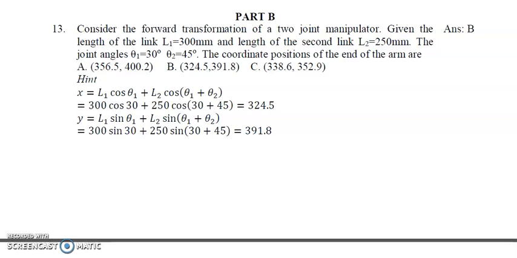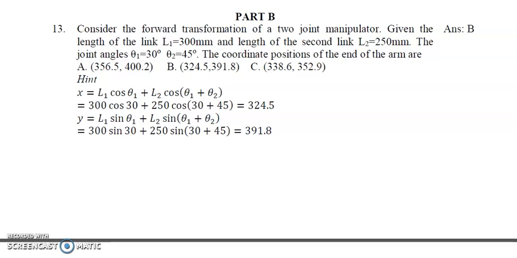The hint is that for a two-joint manipulator, because it's a forward transformation, we know the link parameters and the joint angles, and from that we have to find the positions. When you say position, we have to mention it by x, y values, because we are considering a 2 DOF manipulator. So here we have to consider x, y. The value of x is equal to L1 cos theta 1 plus L2 cos (theta 1 plus theta 2).